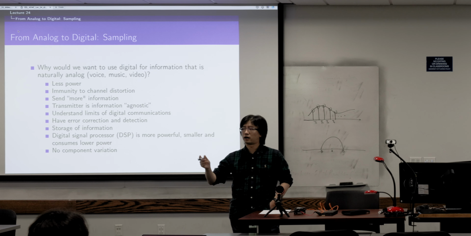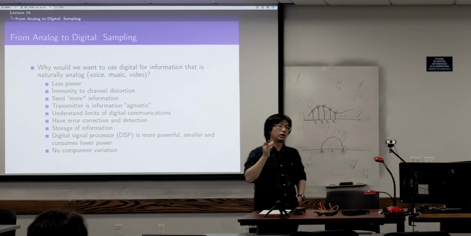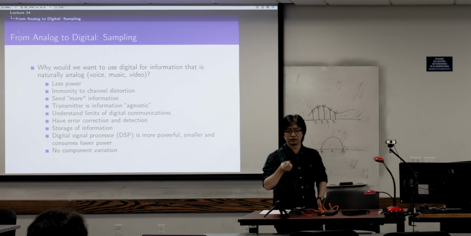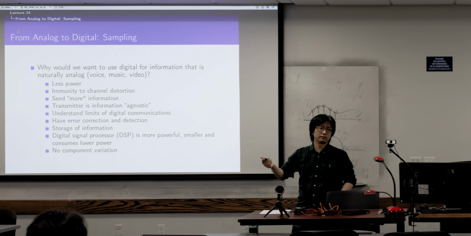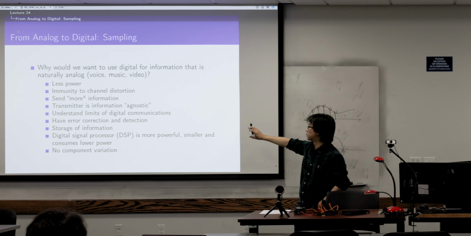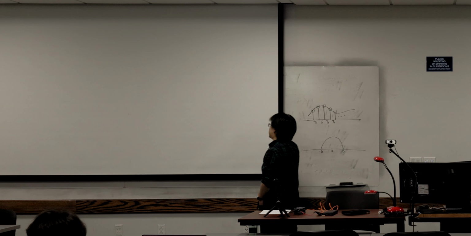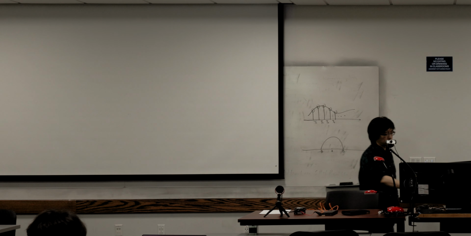So in our hard disk or SSD, we all have this protection mechanism. That is done via the idea of digital communication. It's like error correction. If one cell fails, then we can correct it. That's why we mentioned storage of information is related to this.